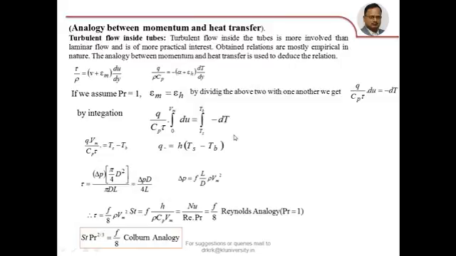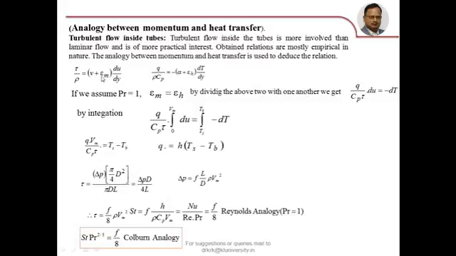Let us have a look at Reynolds analogy, or the same analogy we can take up even in external flow also, since we have missed it there. Let us see how to apply this analogy between momentum and heat transfer in internal flow. When fluid is flowing inside tubes under turbulent condition, in addition to its momentum diffusivity nu, because of turbulence it will also have eddy diffusivity of momentum.